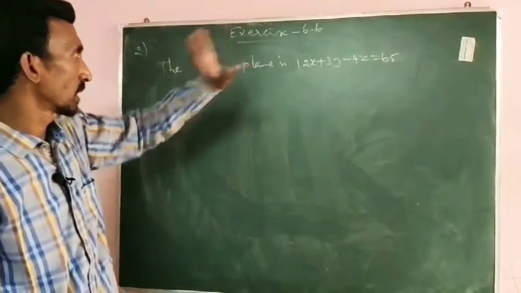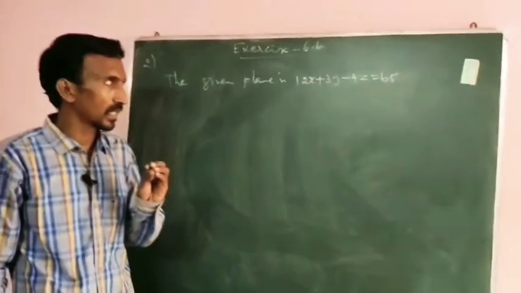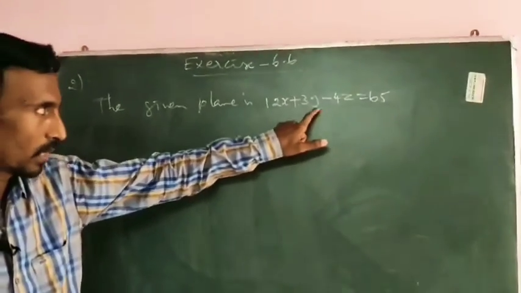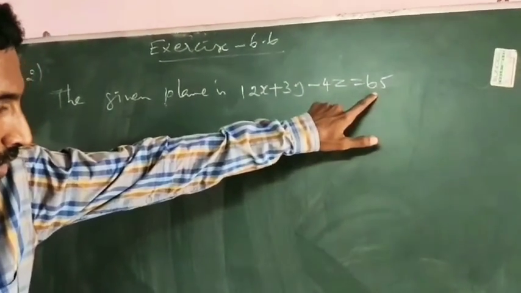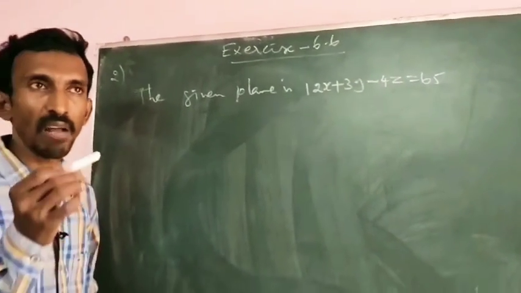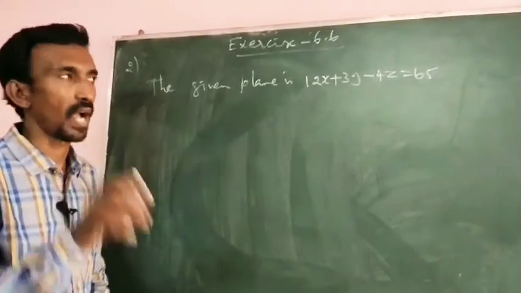Sum number 2 in the exercise 6.6. The question is, find out the direction cosines of the normal to the plane 12x plus 3y minus 4z equal to 65, and also find the non-parametric vector form of the plane and the length of the perpendicular from the origin.